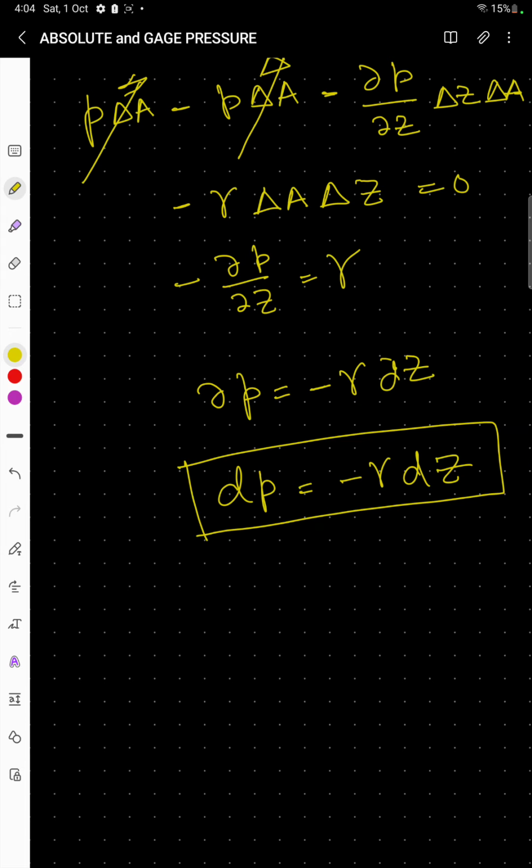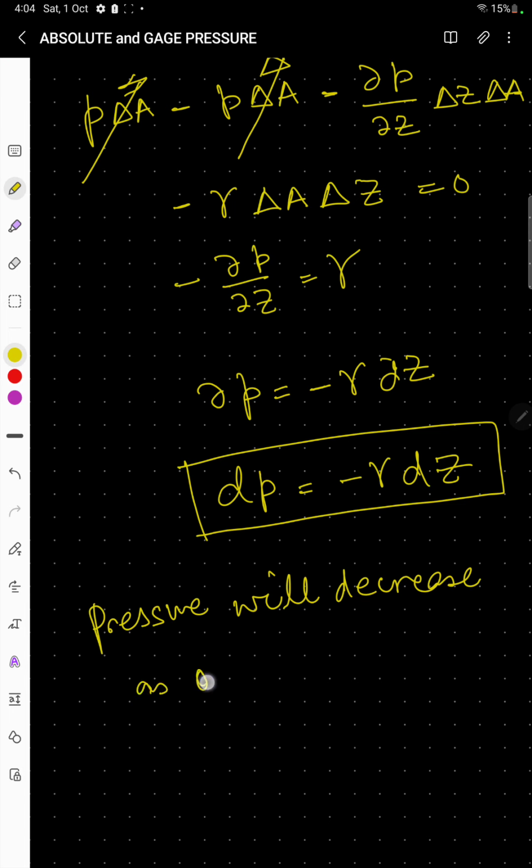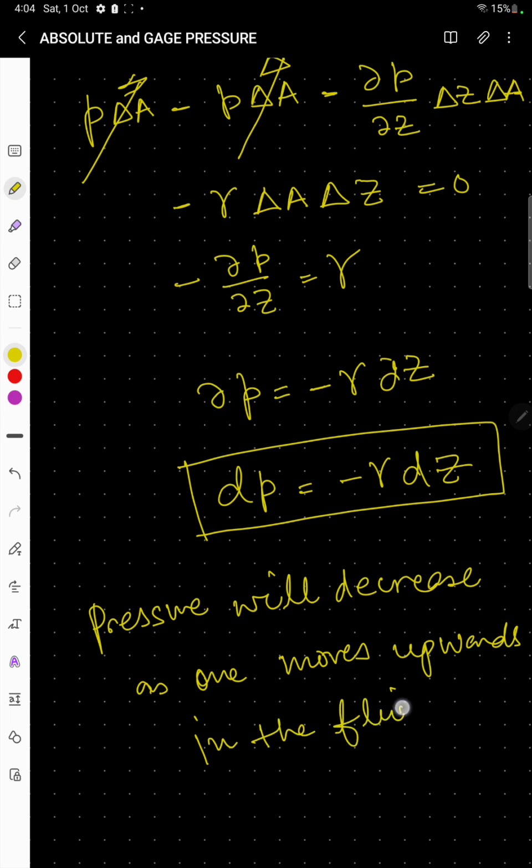So what we can figure out is that pressure will decrease as one moves upwards in the fluid. So that's how this is concluded.